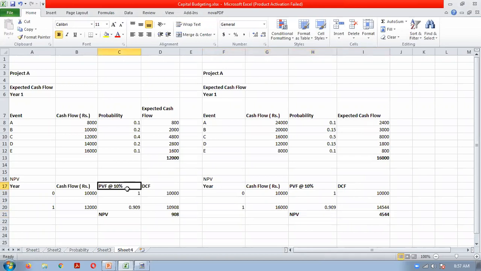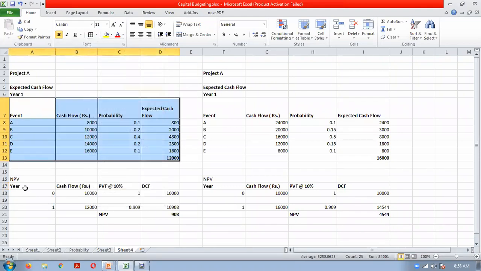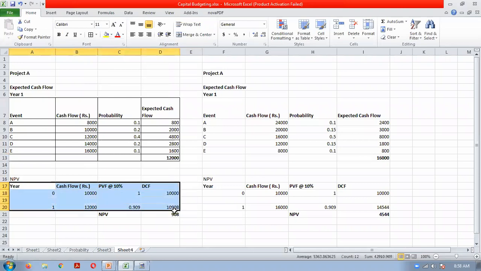It is 1 divided by 1 plus 10 divided by 100, correct, no? 0.909. Present value for first year at 10% discount rate. Clear, everybody? Any confusion?